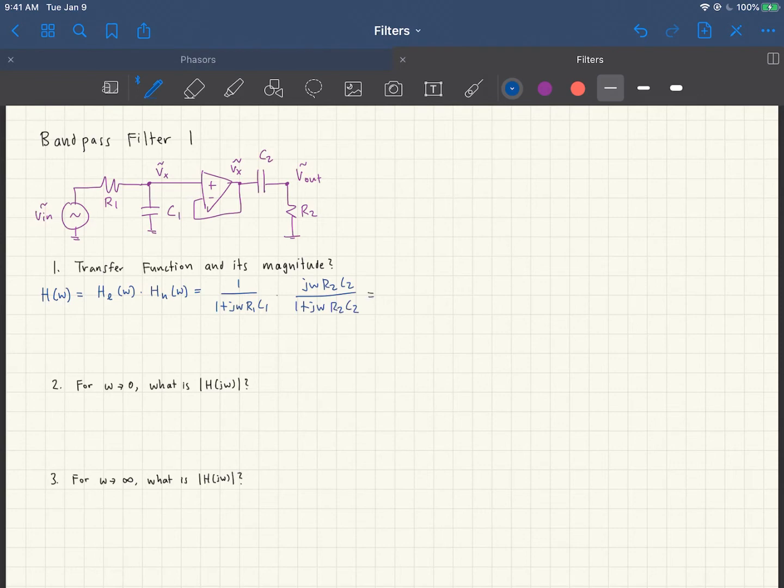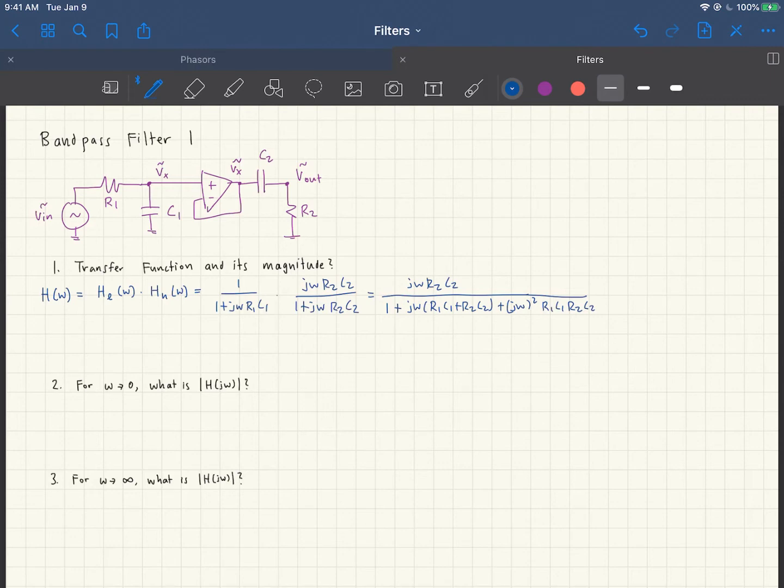And if we expand this out, it's going to be equal to j omega R2 C2 all over, we can do some FOILing and say that it's equal to 1 plus j omega (R1 C1 plus R2 C2) plus (j omega) squared R1 C1 R2 C2.